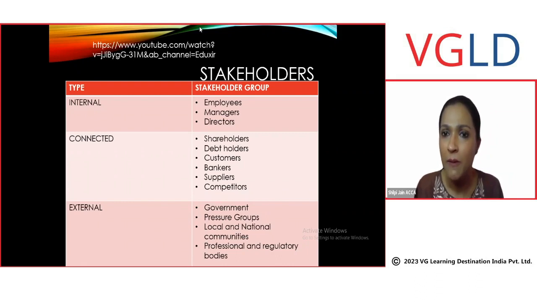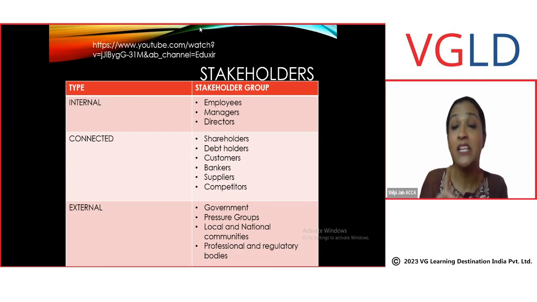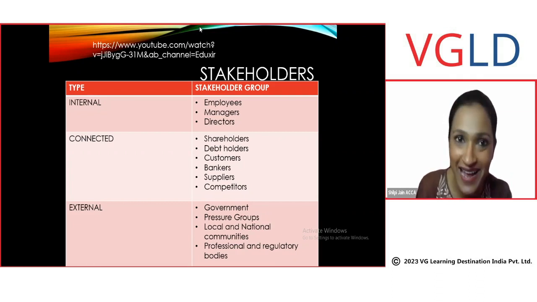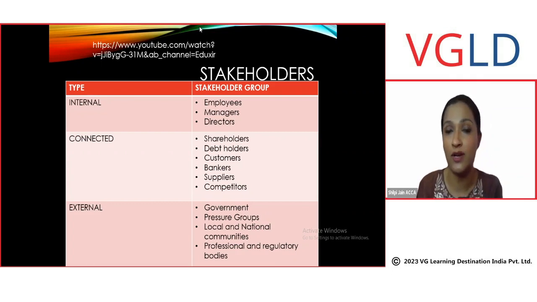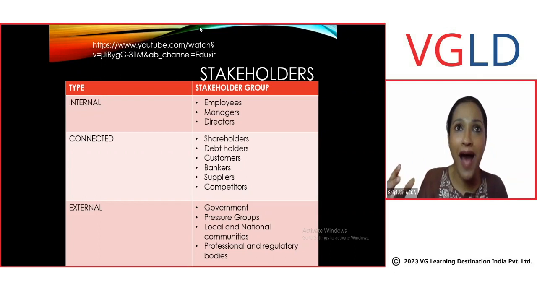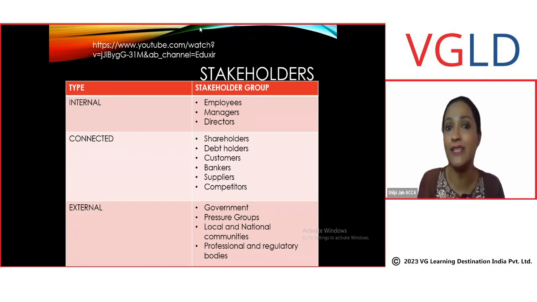Stakeholder means that they have some shares in the organization? No, shares are only shareholders. So people who hold shares in the organization are called shareholders. Stakeholder is a broader group of people who are more than just the shareholders. Even if, like, the employees may not be holding shares in the organization, right?